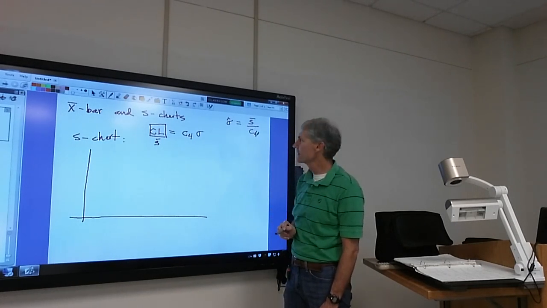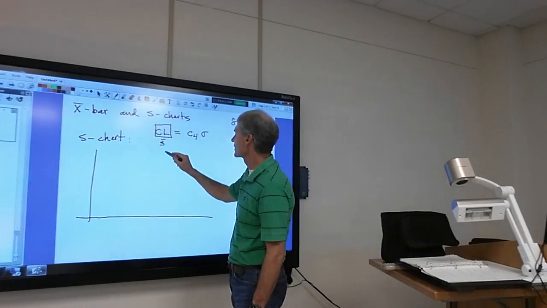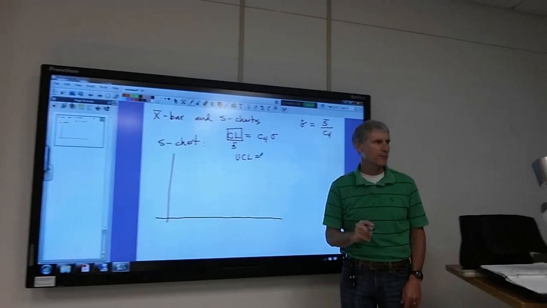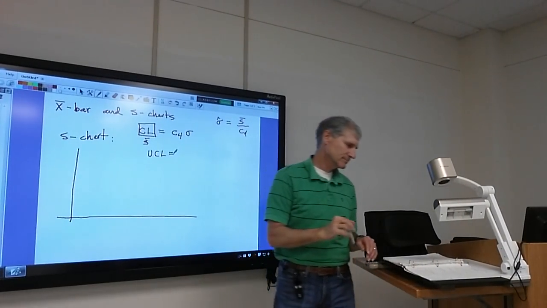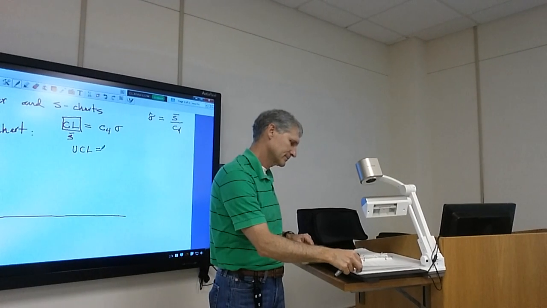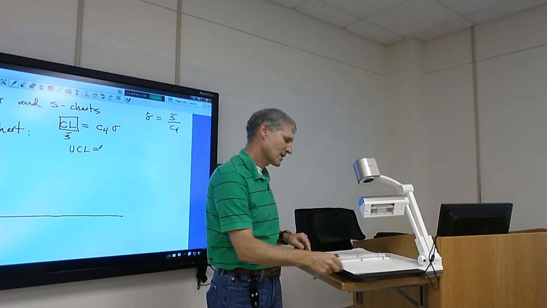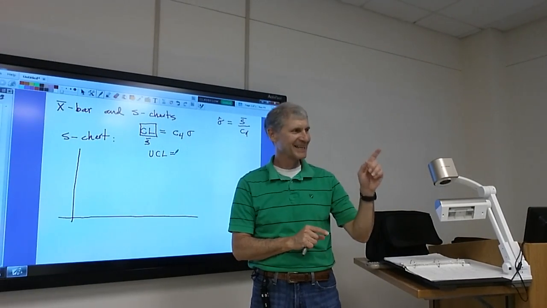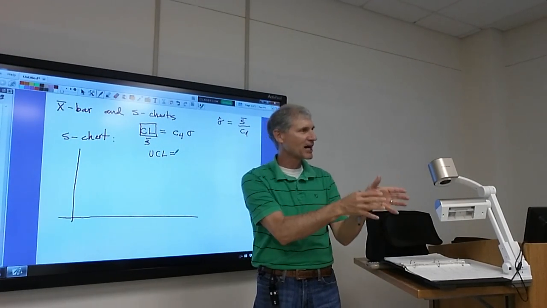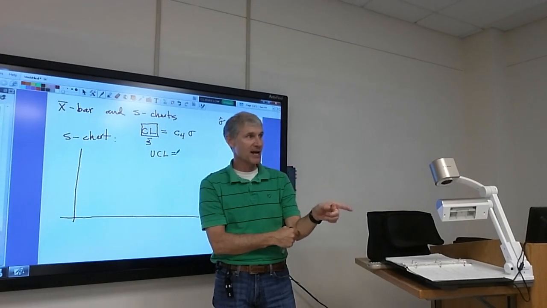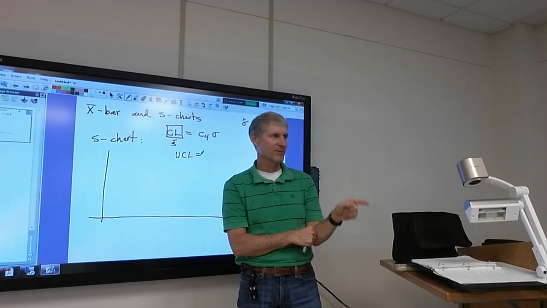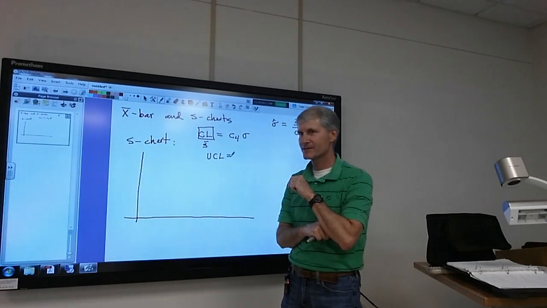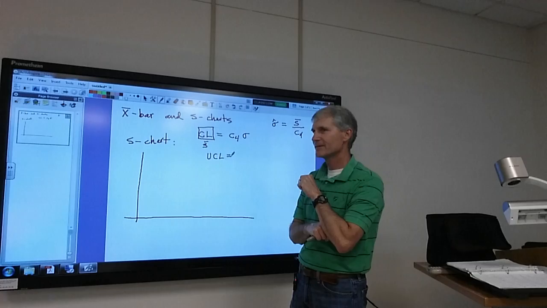Okay? And then the upper control limit, you remember the formula for that? 3 times the C4 sigma. No. I was joking, I nodded when I said no. You're right for the X bar chart, but not for the S chart. Mean of S plus 3 sigma S. It's like B6.